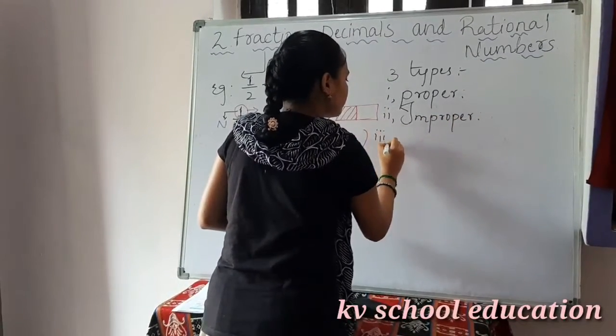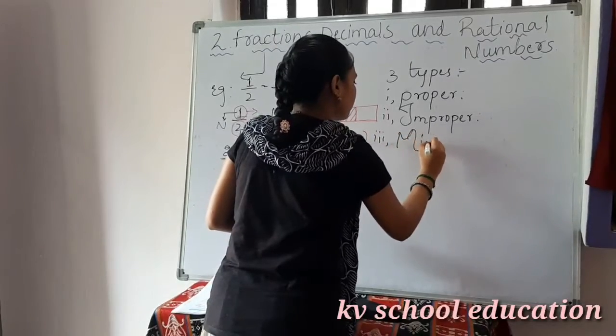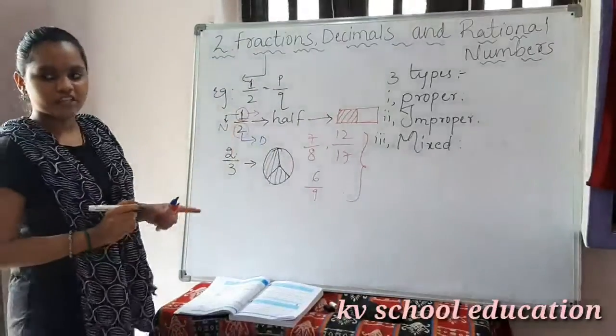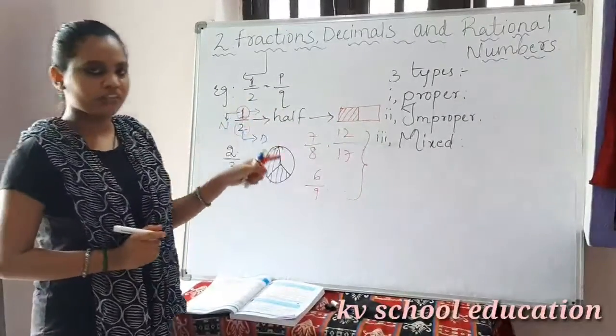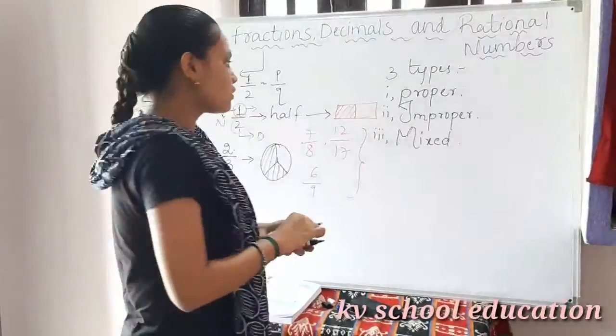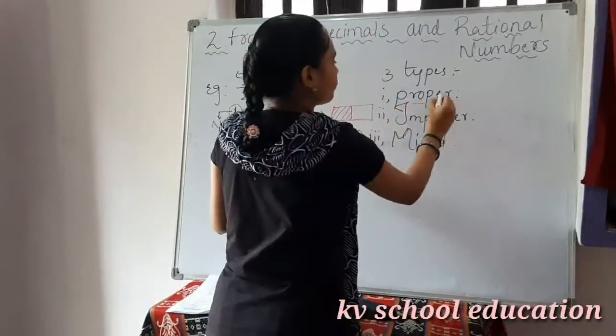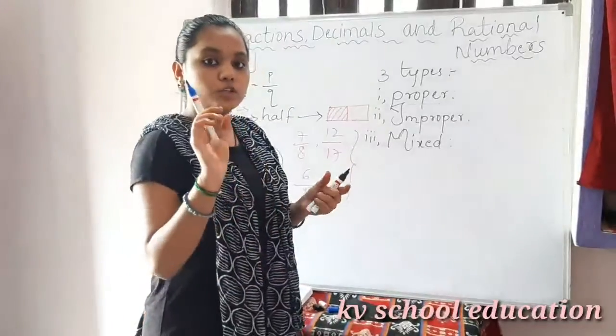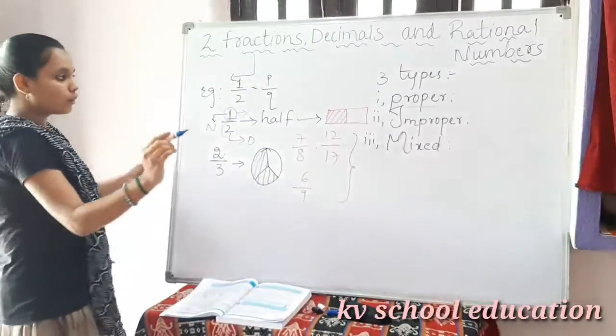And third is mixed fraction. So there are 3 types of fractions: proper fraction, improper fraction and mixed fraction. First we'll go to the proper fraction. What is a proper fraction? A proper fraction is a fraction whose numerator must be less than the denominator.